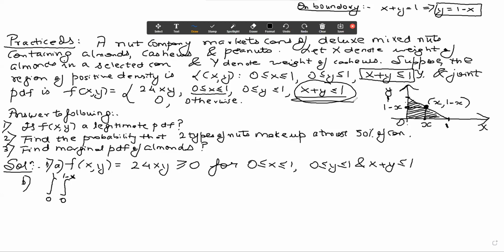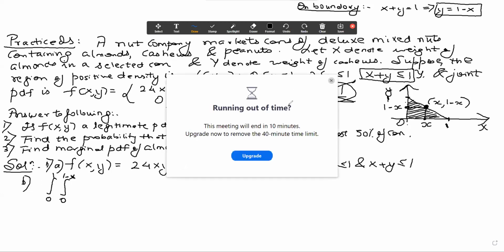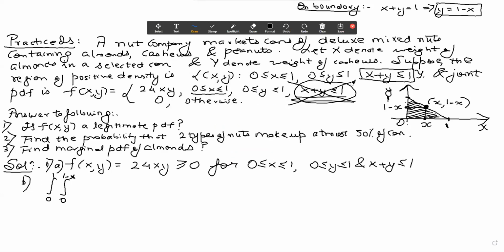So if I am allowing x to move from 0 to 1, then y can move only from 0 to 1 minus x. You cannot let y vary from 0 to 1. You could have done that if I had not given you this inequality. But since this inequality exists, if x goes from 0 to 1, y goes from 0 to 1 minus x.